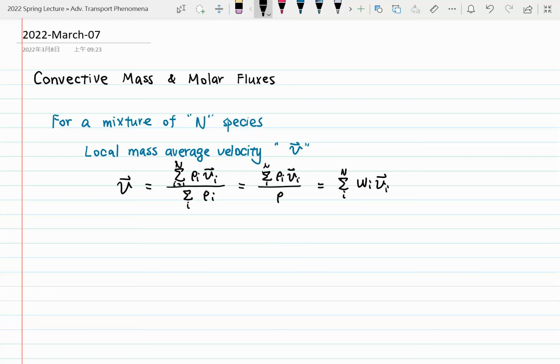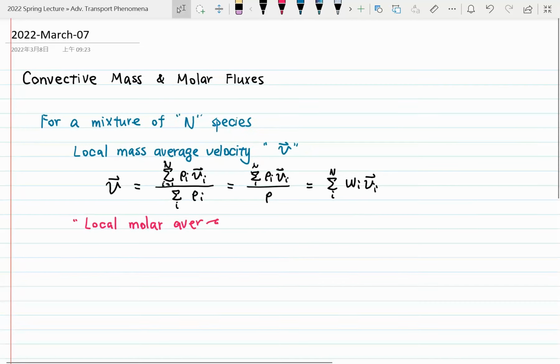Similarly, we can write a more useful term for us as chemical engineers, because we look at molar units. So we can look at the local molar average velocity. We usually give it a slightly different symbol, so let's call it V star.